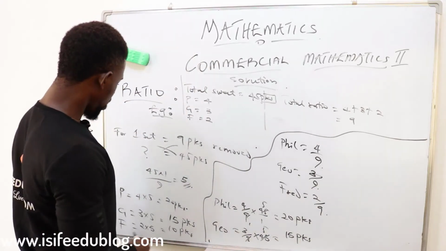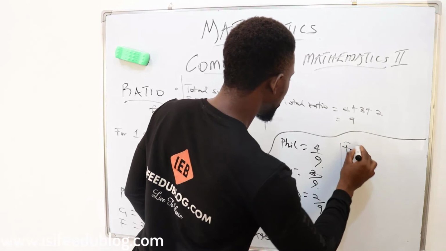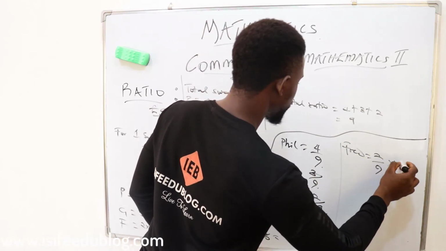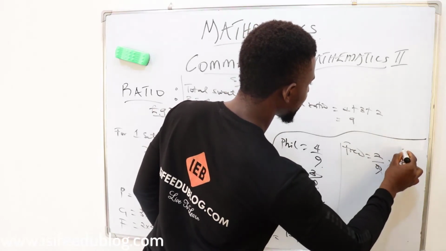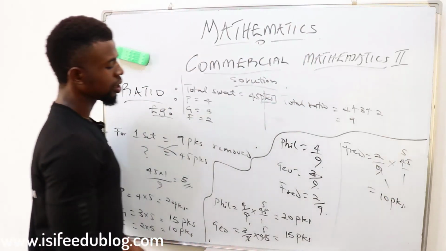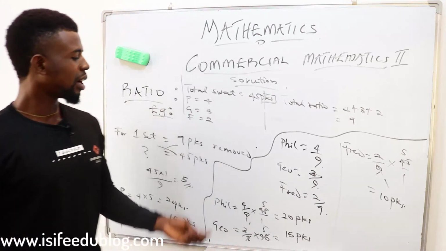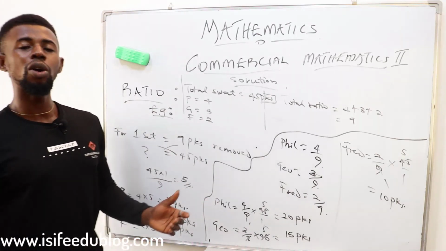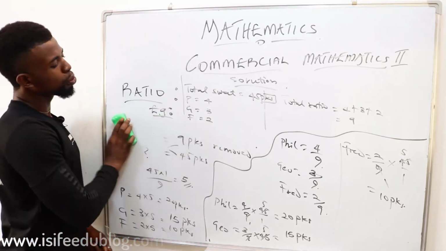Okay? And we'll have Fred's. Now his fraction is 2 all over 9 times 45 over 1. So we'll have 10 packs. Okay? So you can either go through this process or you go through this process. They basically should give you the same answer. So that is basically it on the principle of ratio. Now let's put the variations.